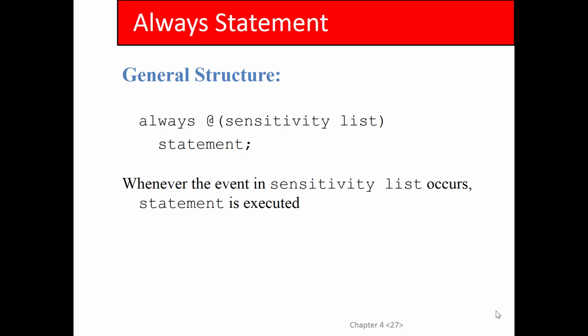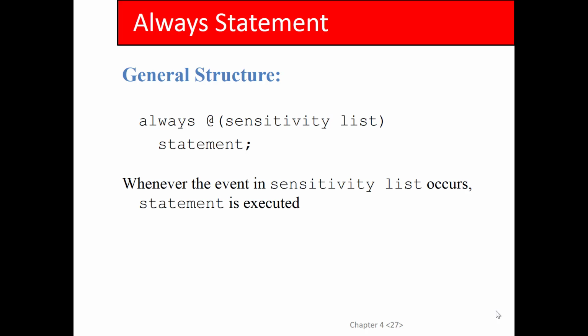Now, it's called an always statement, but generally always statements contain a block of code comprised of multiple statements, which you can do by putting a begin and an end. Let me back up here. So an always statement allows you to create a complex concurrent assignment statement. It has this thing called a sensitivity list. So you start out by saying always at and then the sensitivity list in parentheses.